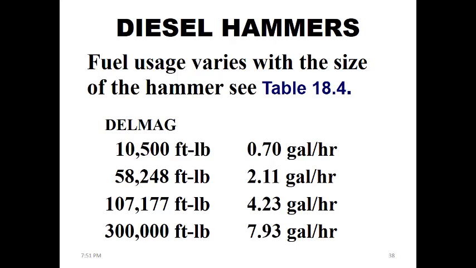So if we compare the first two options, 10,500 versus 58,248, the difference is almost 5 times, to round it to the safe side, right? But if we compare the fuel utilization, it's 2.11 over 0.7, which is what? About 3 times difference. So 5 times versus 3 times.